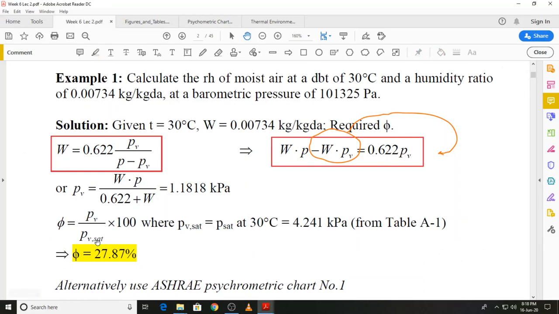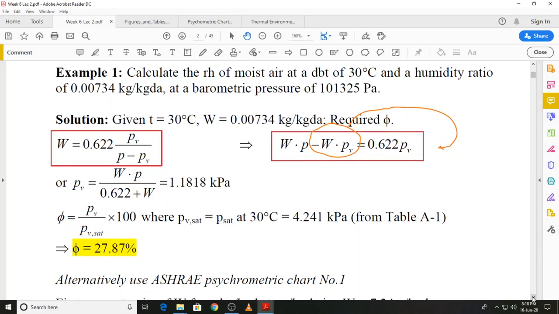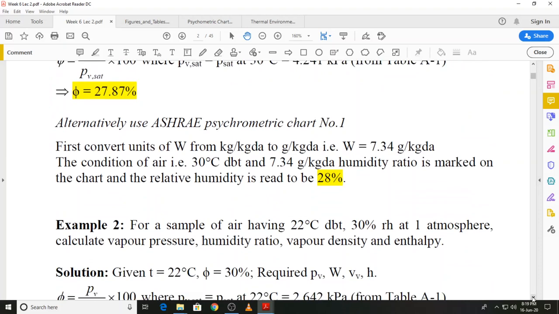Substituting that value over here, we find the relative humidity as 27.87%. So that is the required result by using equations. The same we will find out by using the psychrometric chart.